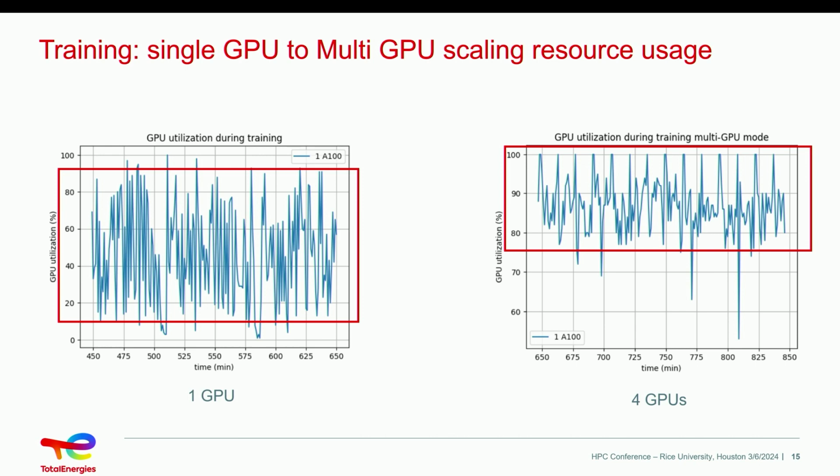I didn't have that much time to investigate this. I did some profiling with Nsight, and I figured out that in 1-GPU mode, sometimes it was using almost 50% of the time for the memory. But we need to do some more investigation to understand the root cause. The idea is that I/O utilization is pretty critical when you train a model.